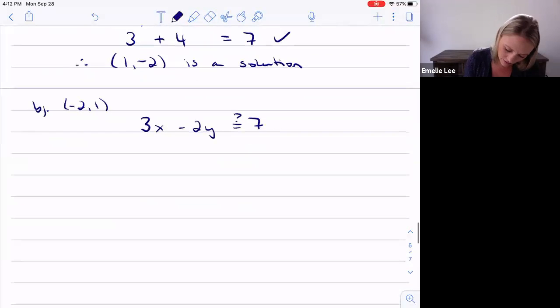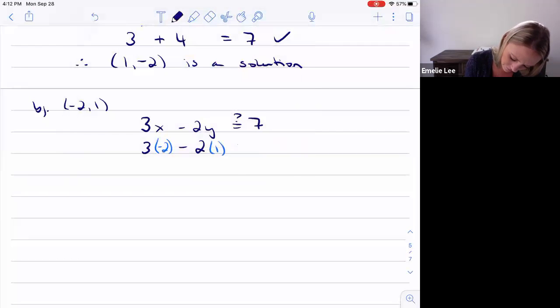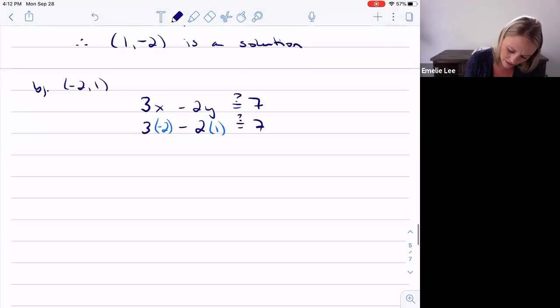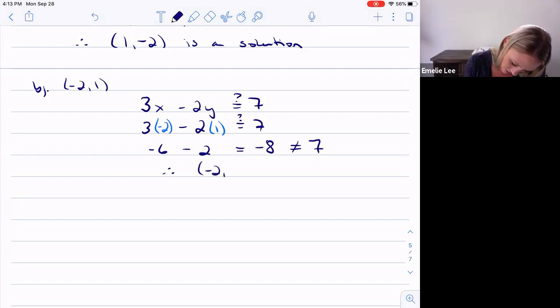Now I'll just leave the x and y blank. 3 times negative 2 minus 2 times 1. Does it equal 7? 3 times negative 2 is negative 6 minus 2, which is negative 8, which does not equal 7. Therefore, negative 2, 1 is not a solution.